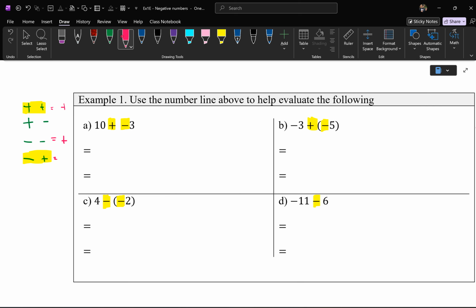These 2 signs are the same, so they're both plus. These 2 are the same. These 2 are different. When the signs are different, we can say it's the same thing as subtraction.